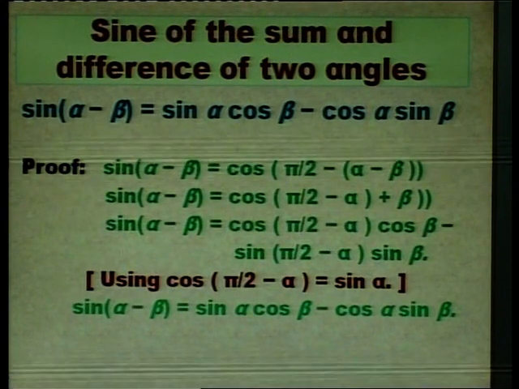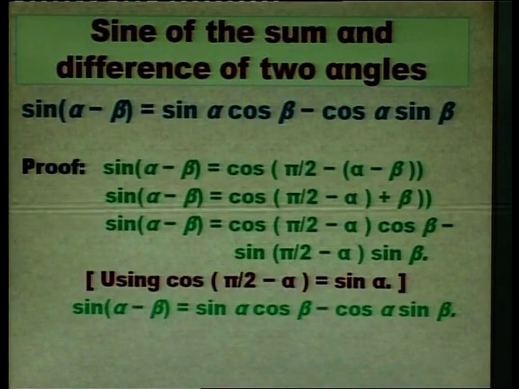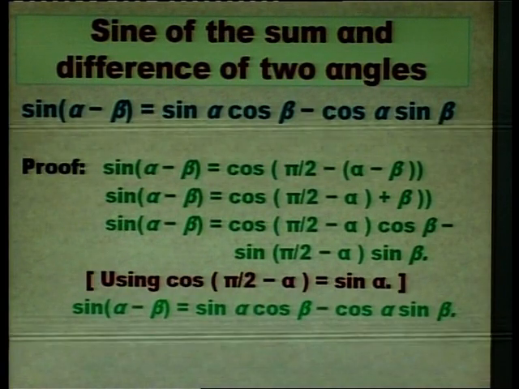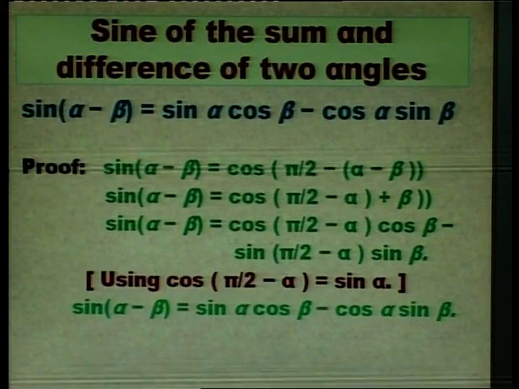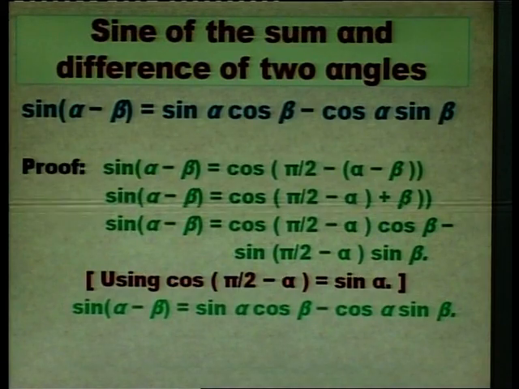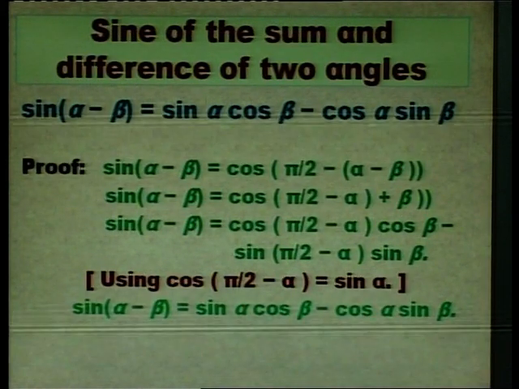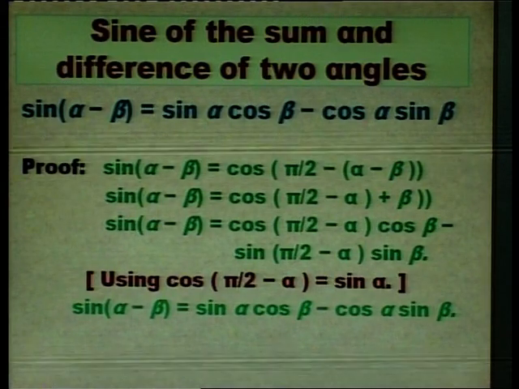I want to use the facts cos of pi by 2 minus alpha is sin alpha, sin of pi by 2 minus alpha is cos alpha, etc. So, I am splitting this in this manner: cos of pi by 2 minus alpha plus beta.